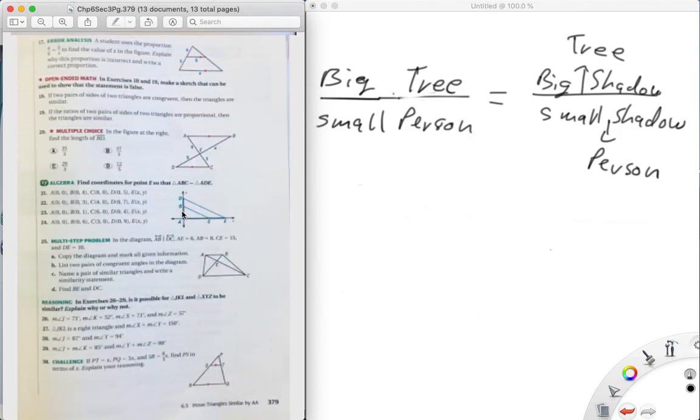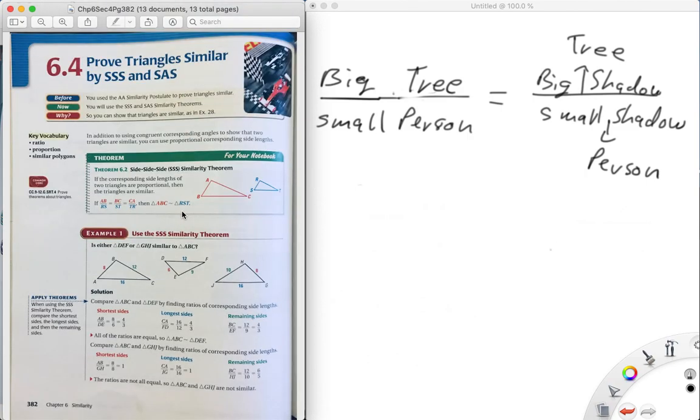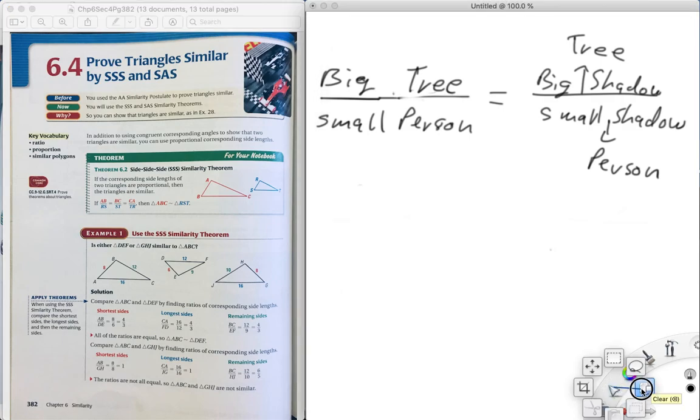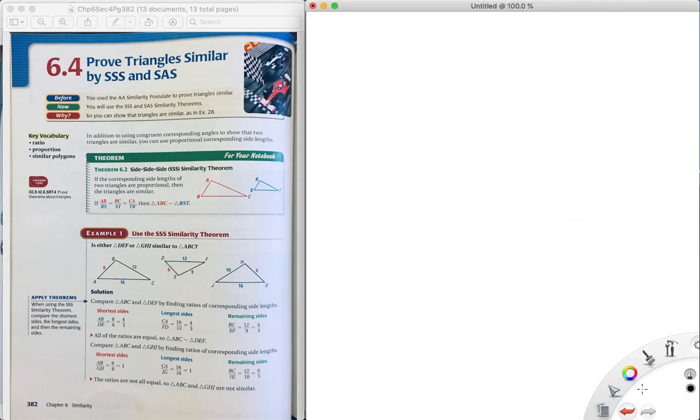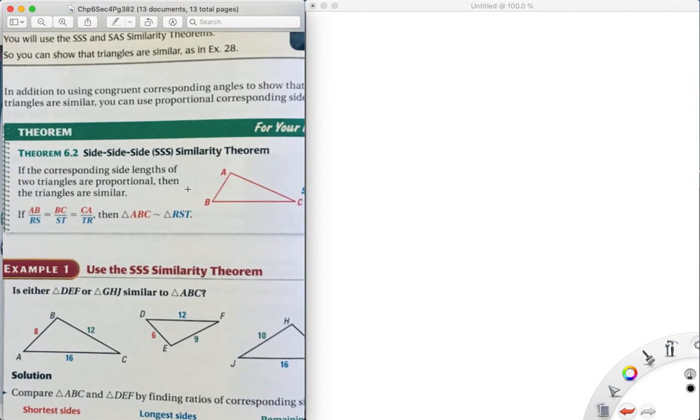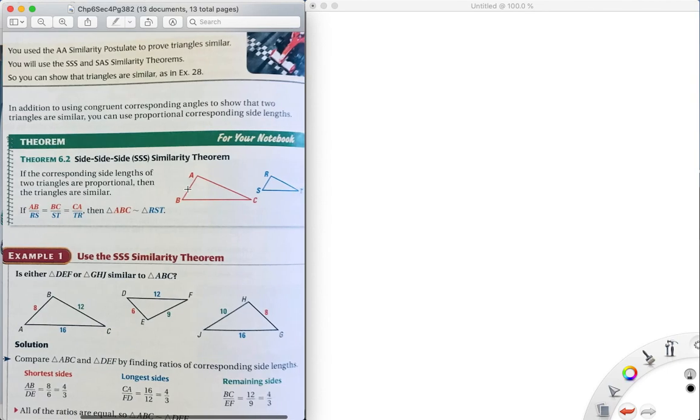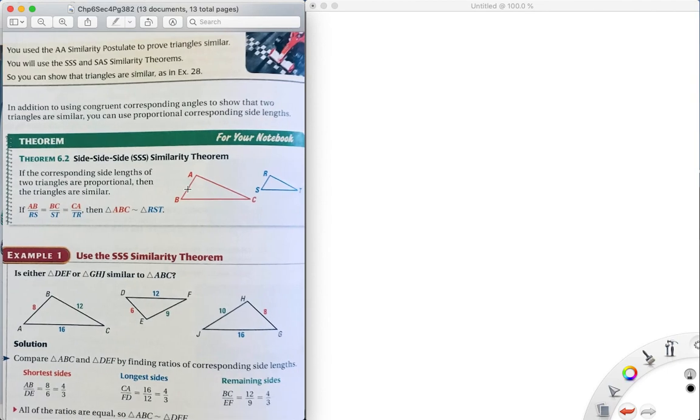Real quick, and then 6.4, which is two more theorems. The first one, side, side, side, and side, angle, side. So side, side, side says that, and this is of triangles, of course.